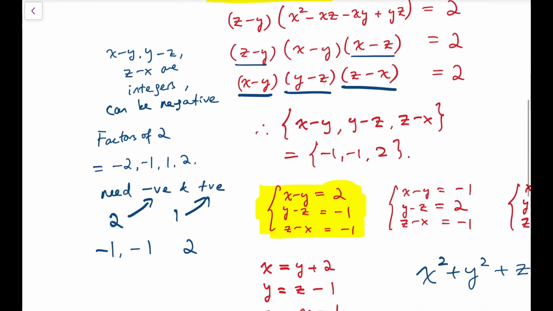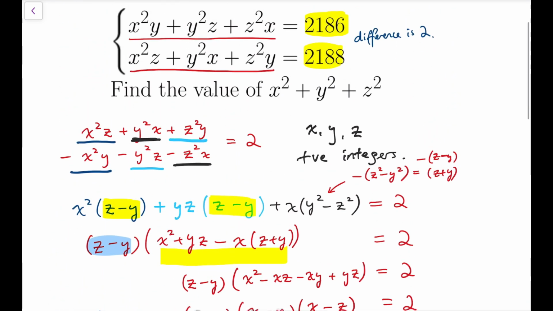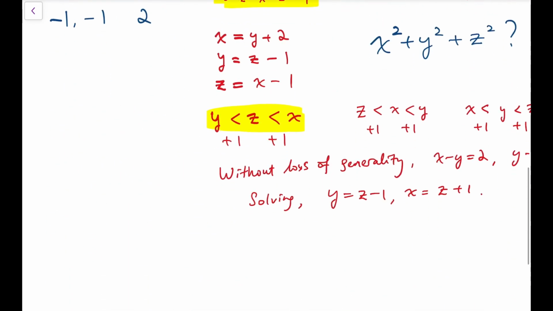Now let's move back to our original equations. We are told that x squared y plus y squared z plus z squared x equals 2186.